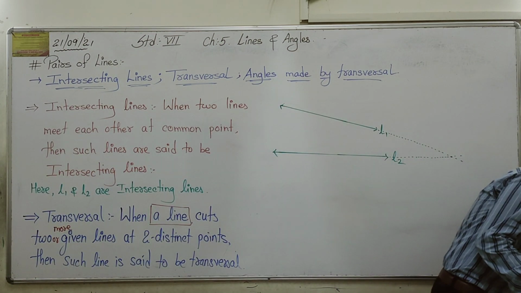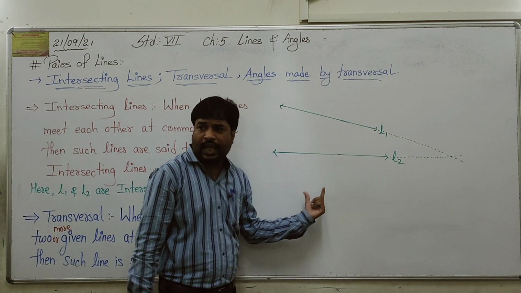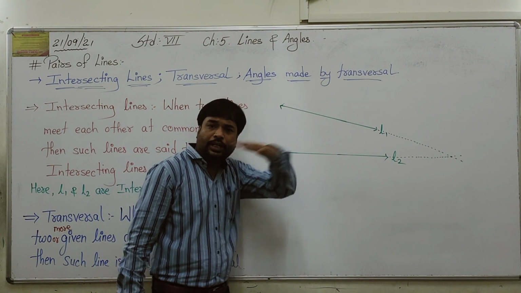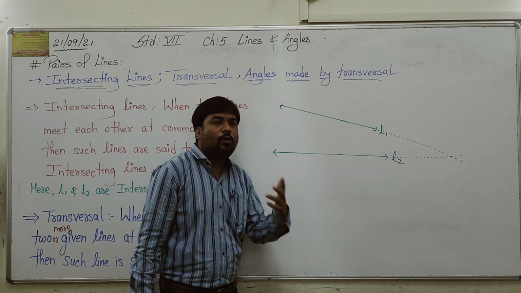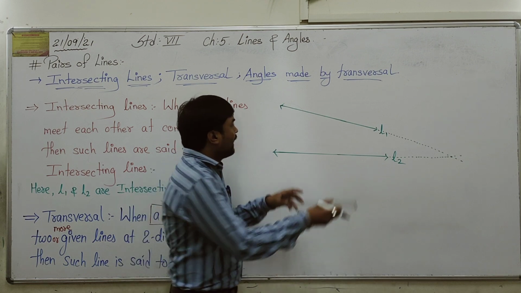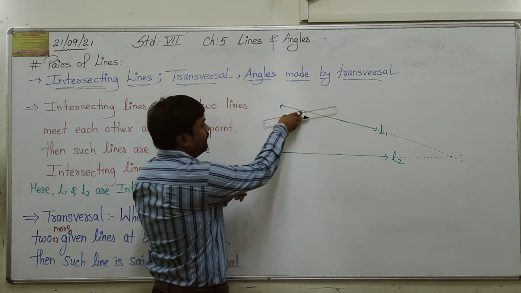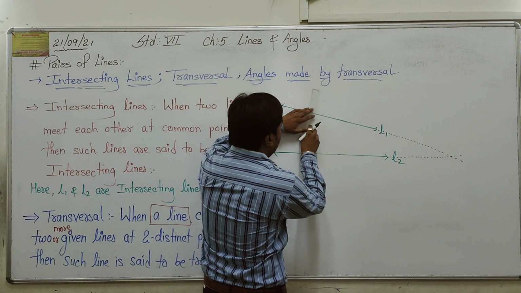So here, if I cut these two lines L1 and L2, what is the condition? Both lines should be cut at the same time. So I cannot draw like this way. So how can I draw?